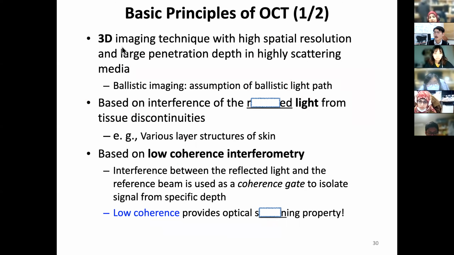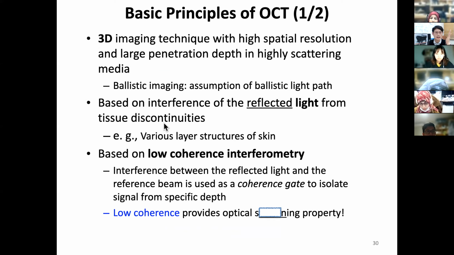Okay, I think I discussed most of them, and I'll just go through towards the end. So how can you make 3D imaging? Now we know that it is only ballistic imaging, which means we are taking ballistic light paths based on the interference of the reflected light from the tissue discontinuities.